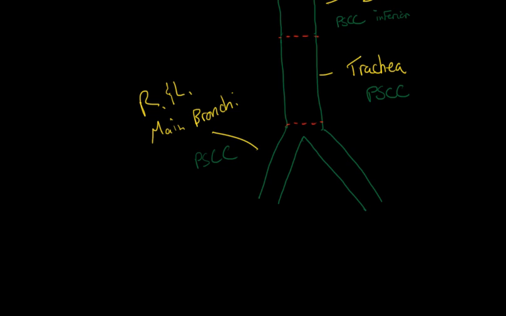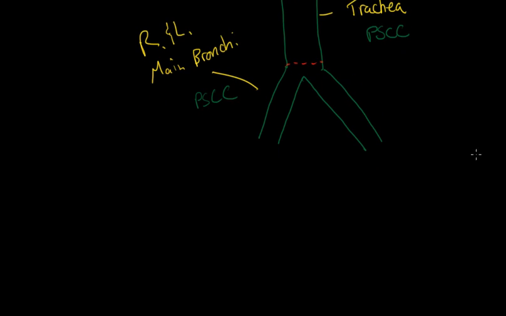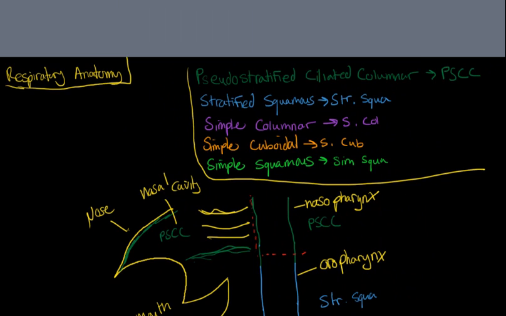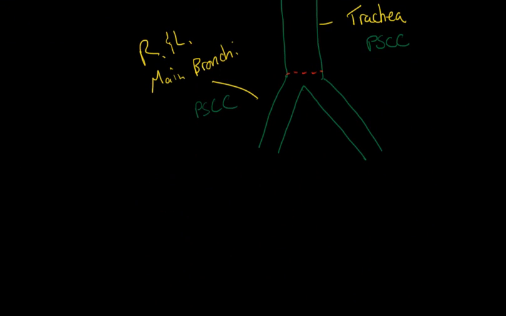From there, it's going to branch into small bronchioles. And there we're going to start with simple columnar. So what color was that? That purplish color right down the line here. So when we break off here, we've got simple columnar.